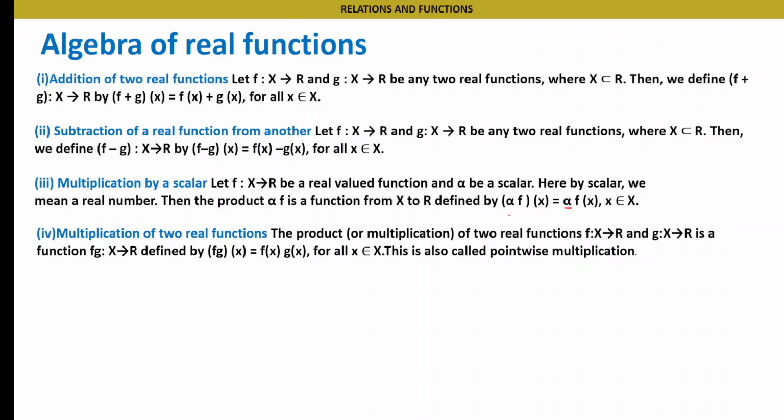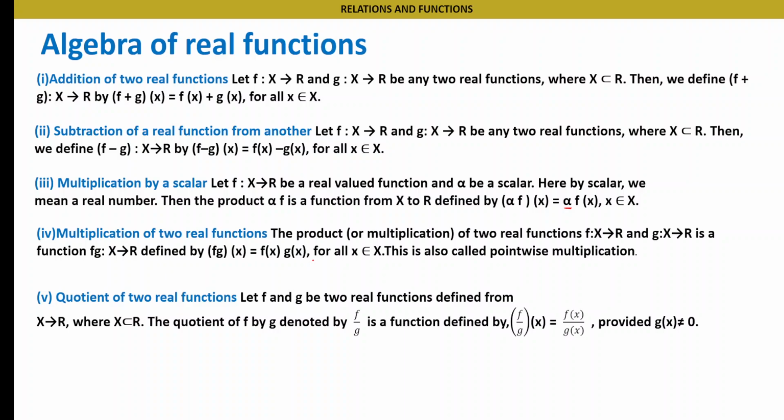Fourth one, multiplication of two real functions. The product of the two real functions f: X to R and g: X to R is the function fg: X to R defined by (fg)(x) equals f of x into g of x for all x belonging to capital X. This is called pointwise multiplication.